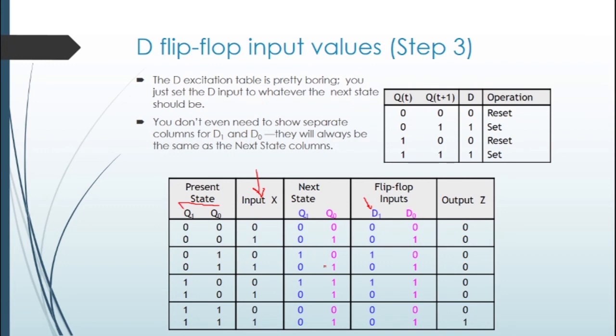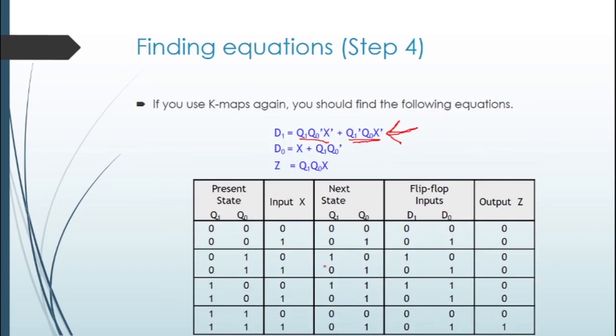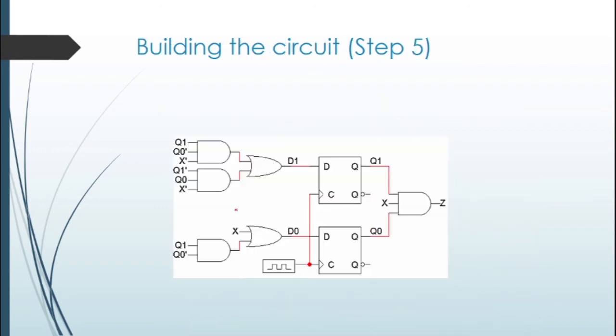But for that one input, the expression will not be as simple as the expression for J and K. So these are the D1 and D0 expressions, which are simple but not as simple as J1 and K1, J0 and K0. So this will give you another circuit. The circuit is like we just discussed.